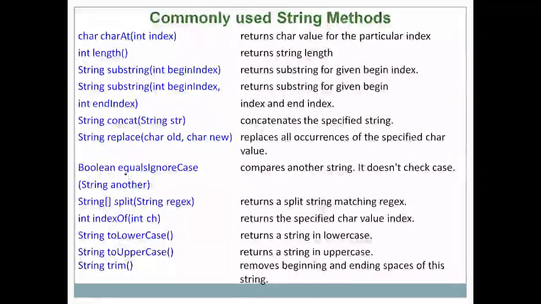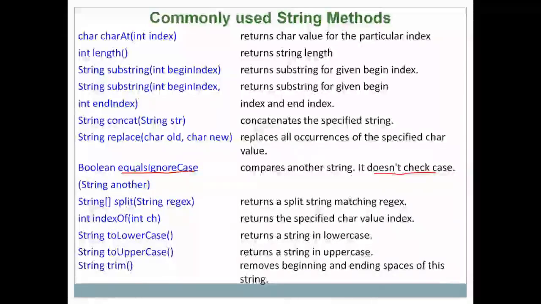Okay, the next method is equalsIgnoreCase, and what it does is it compares another string. It doesn't check the case. There are two methods actually, equals and equalsIgnoreCase. The equals method simply checks for equality of two strings. If both the strings are equal, it returns true, otherwise it returns false.